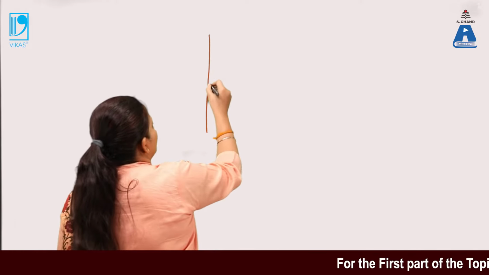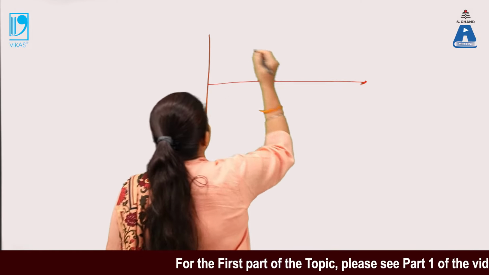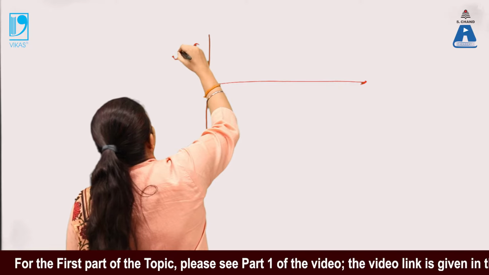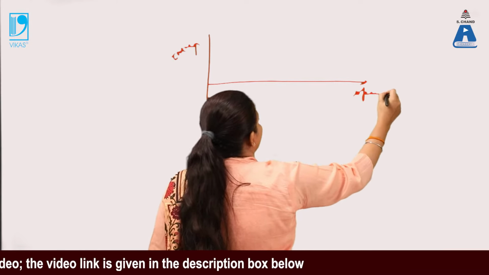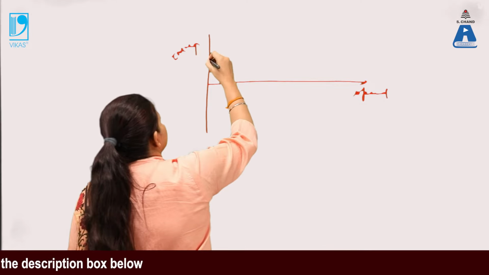Now, in order to understand this, these are the torque speed characteristics over here. This is the torque and here is the speed, or you can say the slip, in this region.